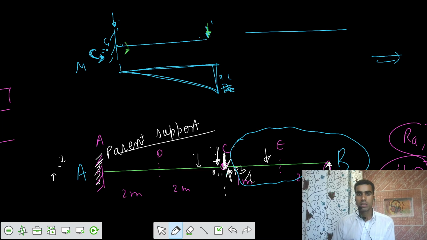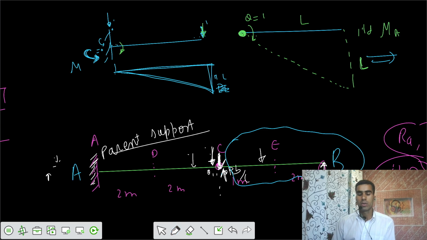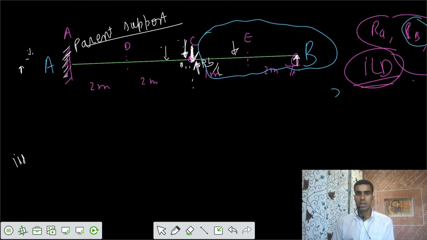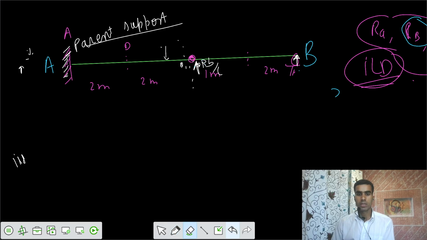So if you introduce an internal hinge here, you rotate it by theta equals 1 unit. That means the profile developed is your ILD for moment at A. If this is 1 unit and length is L, this is also L. Now we are going for the similar case to get the moment at A. Let's take that case up to the point C.